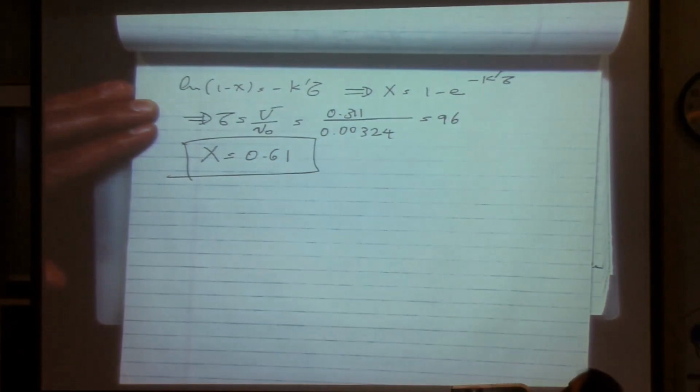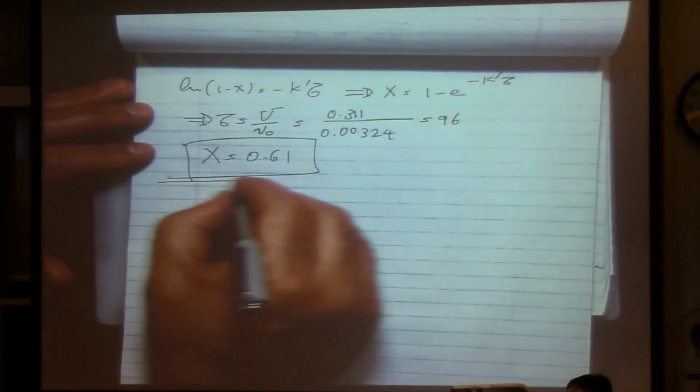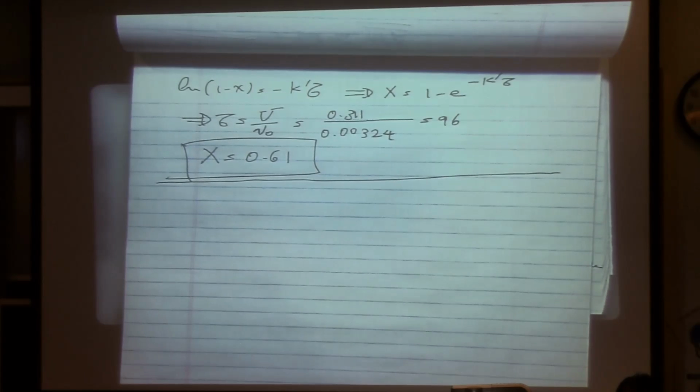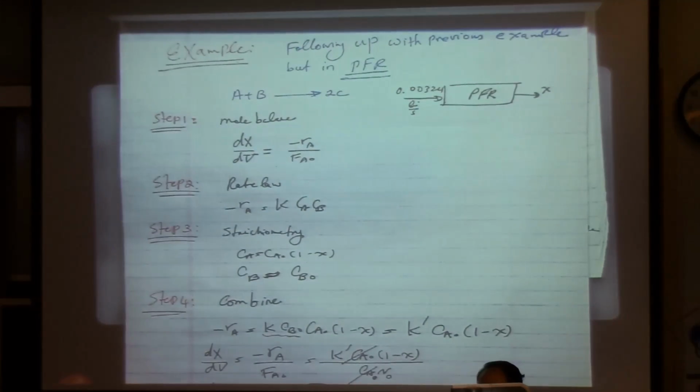This would be your conversion for this case. How do we get a negative there for the k'? That's from the integration, minus ln. This integration? Okay.